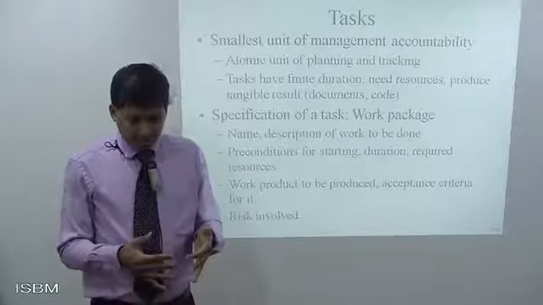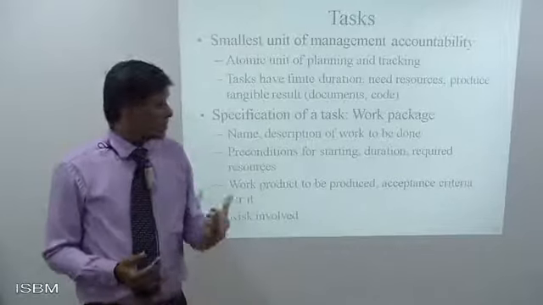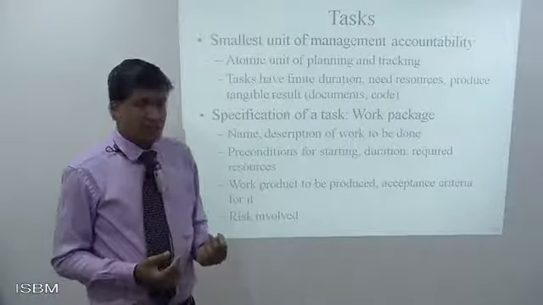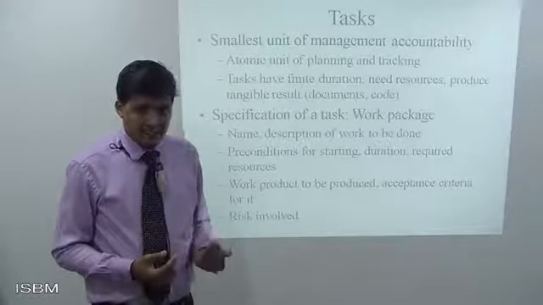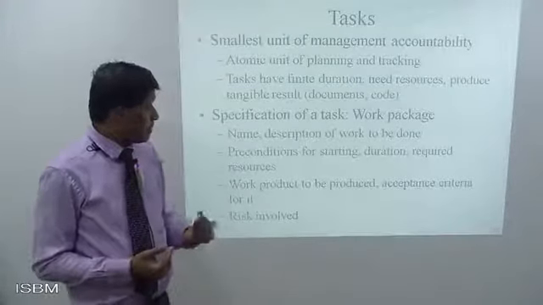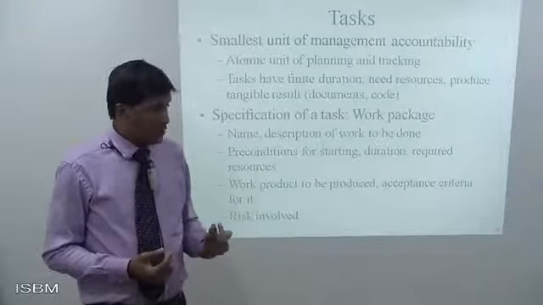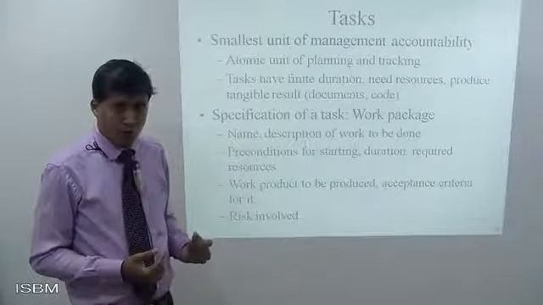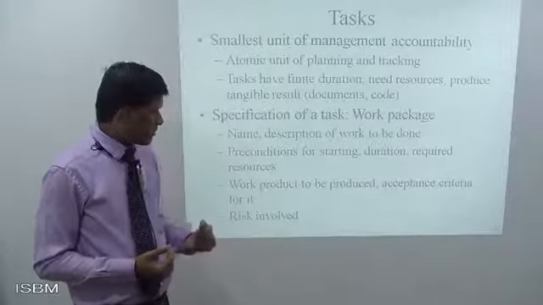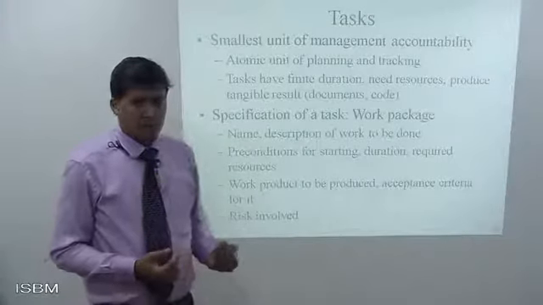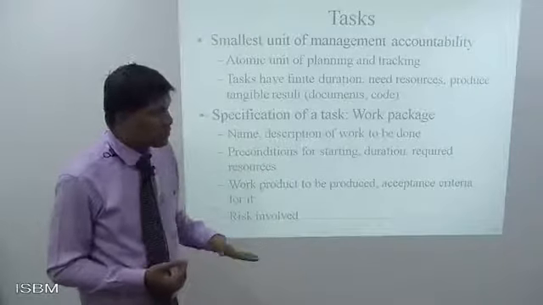That means they have documented code as well. The specification of a task, or work package, includes name, description, work to be done, precondition for starting, duration, resources required, work product to be produced, acceptance criteria for it, and risk involved. These are the various factors which are part of a task.